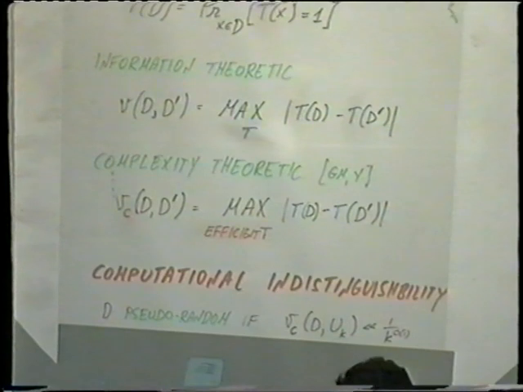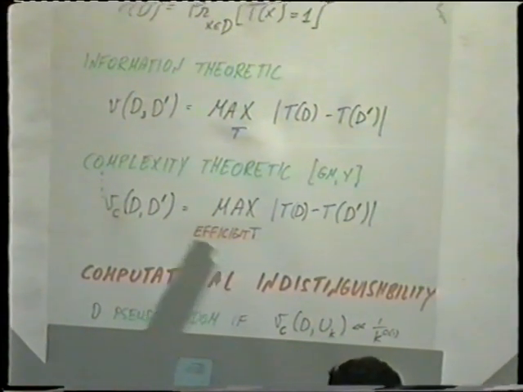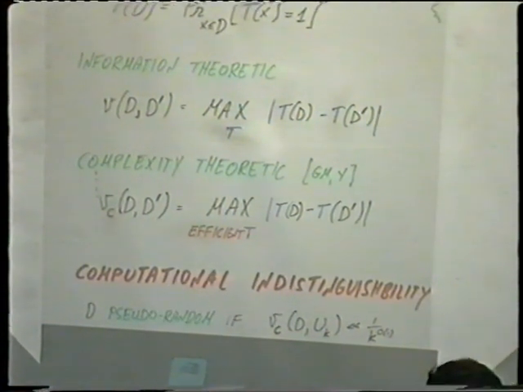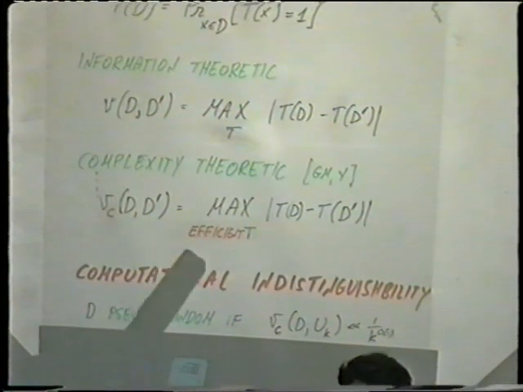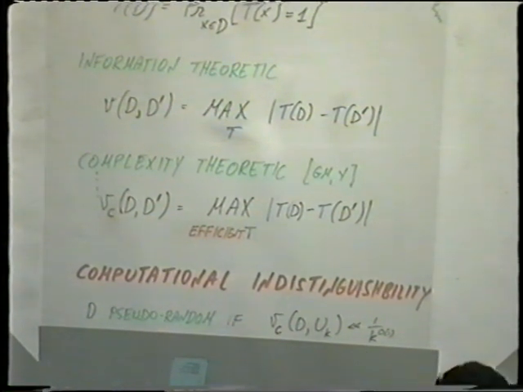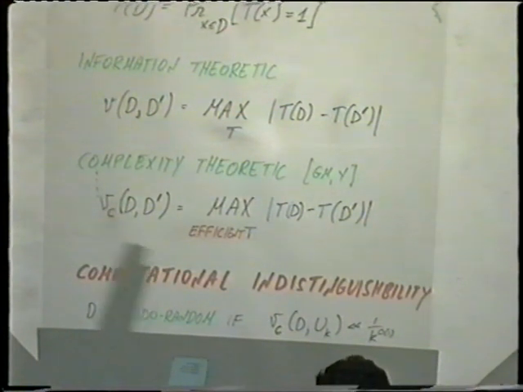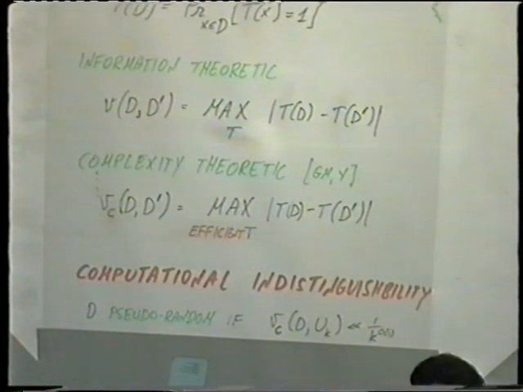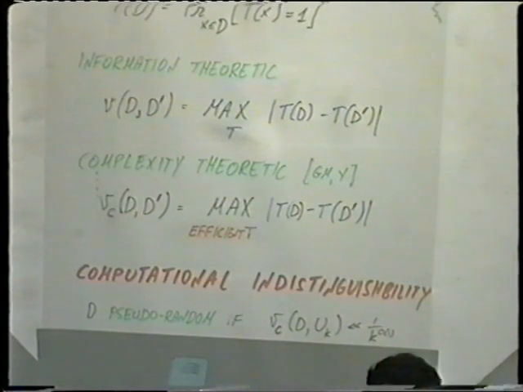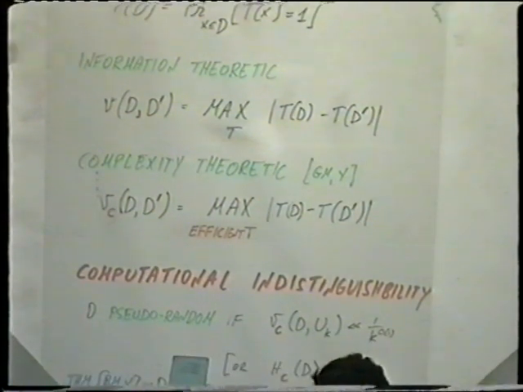Maximum over all t's? Yes, maximum over all t's. But then it takes a big space anyway. I didn't say it's easy to compute. I just defined it. Even with efficient functions, it's still long to compute. I don't care how difficult it is to compute this function. It's well defined.